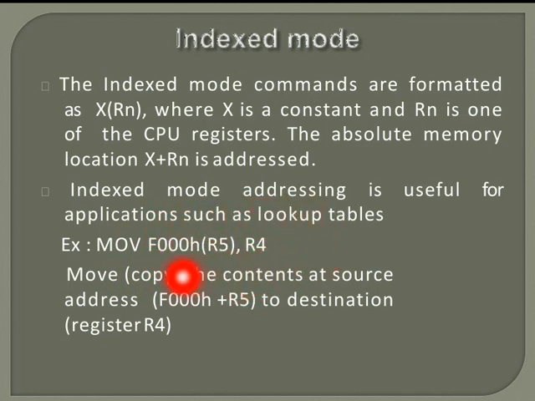But how? This is the address. Whatever value is given here, plus whatever value is present in R5, you add both values, and that value is stored in your R4. This is how indexed mode is used.